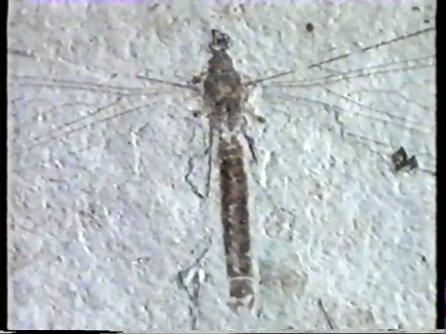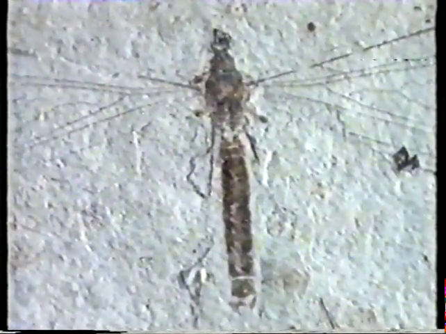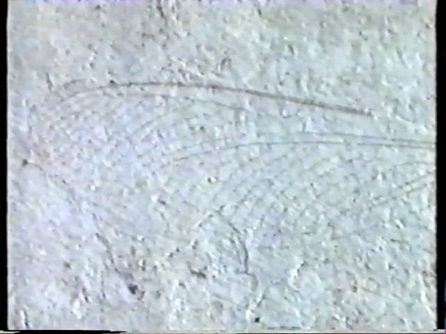Related insects were alive at least as far back as the Oligocene, 38 million years ago, as this American fossil shows. This is a marvelous fossil. Here's the insect's body and the lacy wings.